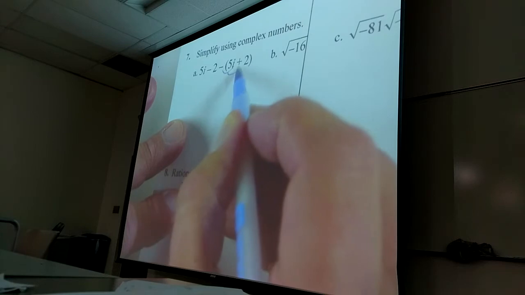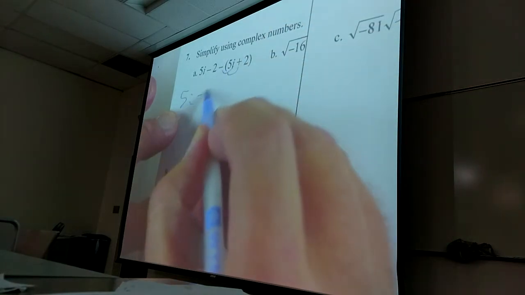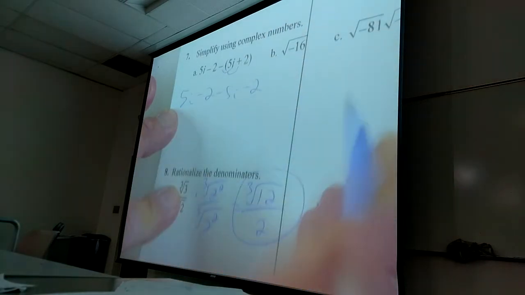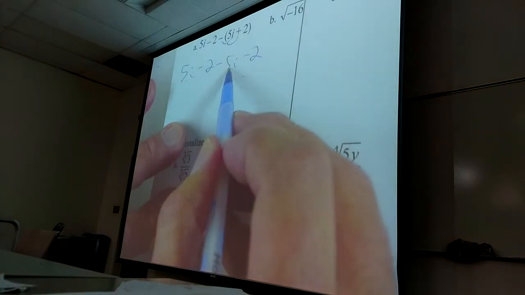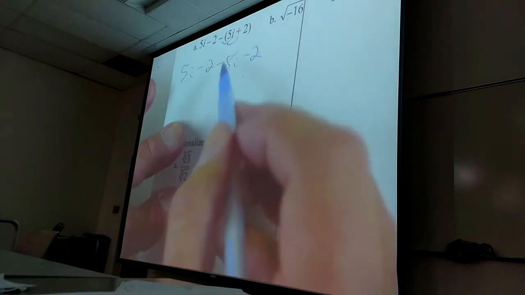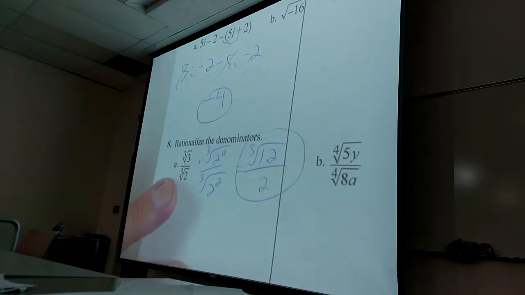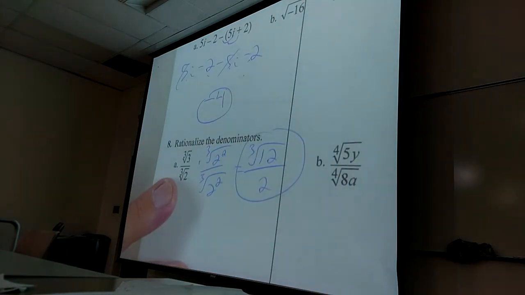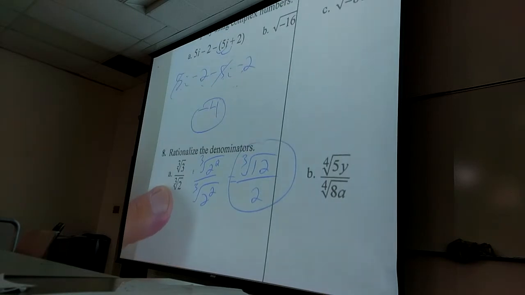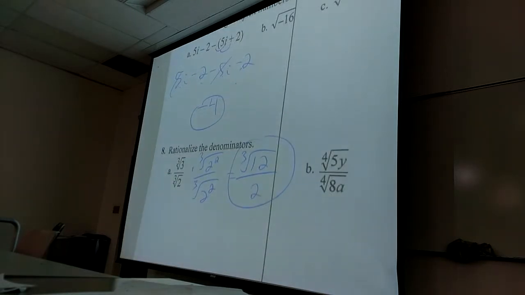Yeah, distribute the negative. What's 5i minus 5i? What's negative 2 minus 2? So it's just distributing a negative and then getting your like terms together.